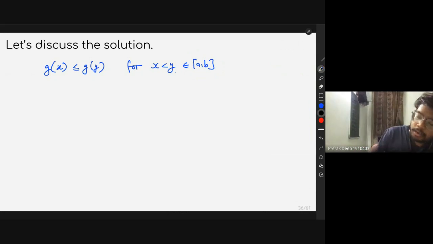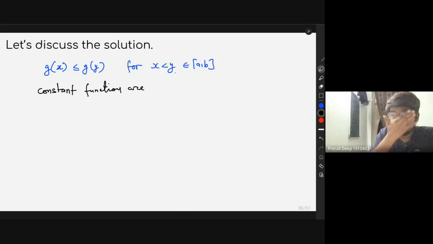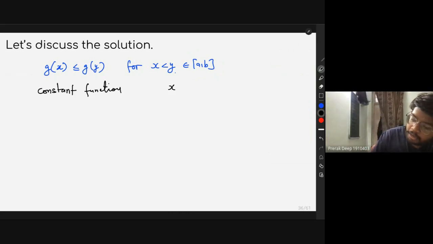So in particular, you can take constant functions. Constant functions are monotonically increasing, because for any x and y, f(x) will always be equal to f(y).